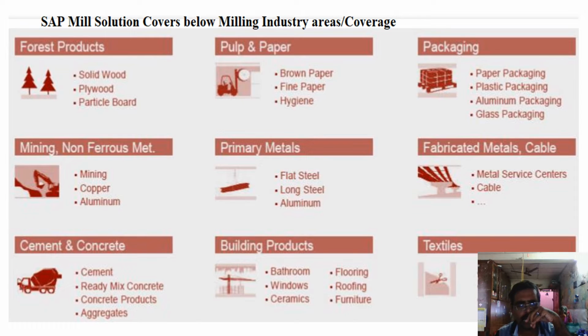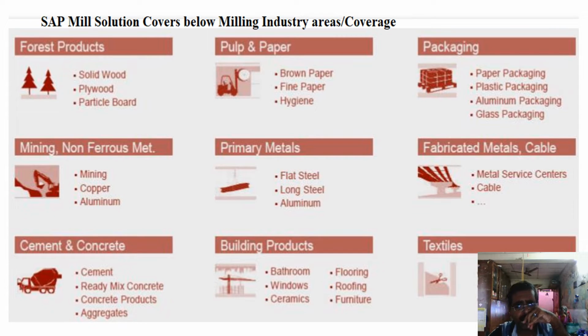These are the important things. And when coming to SAP Mill Solution, it covers a wide variety of industry areas and coverages, right? So when coming to forest products, we have solid wood, plywood, particle board, and then in the pulp and paper industry, we have brown paper, fine paper, hygiene, related to tissue papers and everything, right?